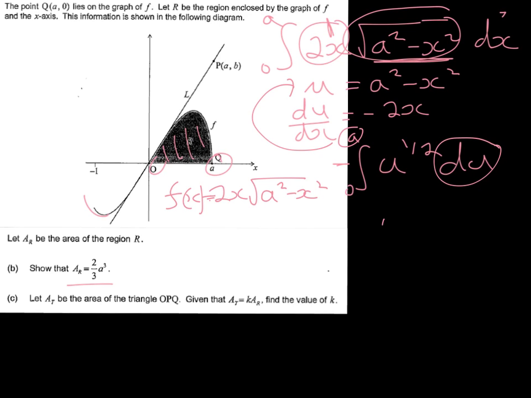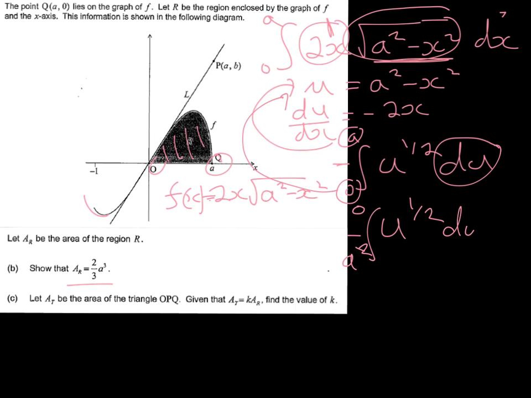So we're going to integrate u to the half between, this is going to be 0. And if we do the same for this 0, so if we substitute 0 in here, that's going to give us a² − 0², which is just a².